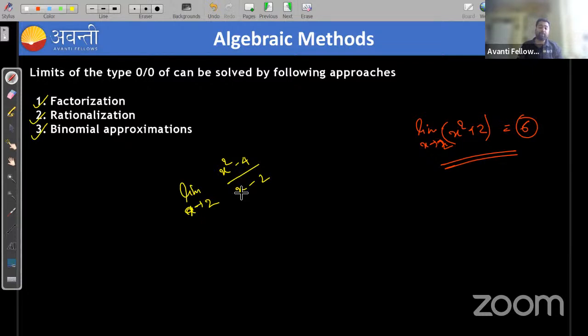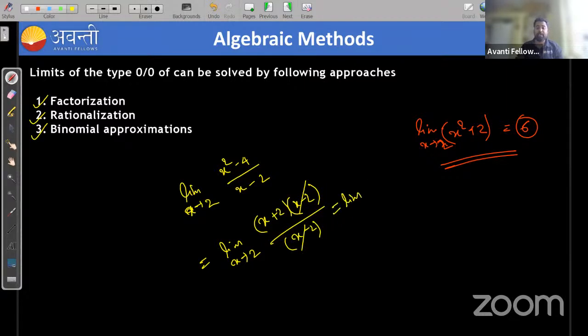So just factorize the given function: x square minus 4 can be written as x plus 2 into x minus 2. In the denominator also you have x minus 2, which will be cancelled out. Finally you have limit x tending to 2 of x plus 2, so the limit becomes 4, right? So this is your answer. By using the factorization method also we can evaluate the limit.